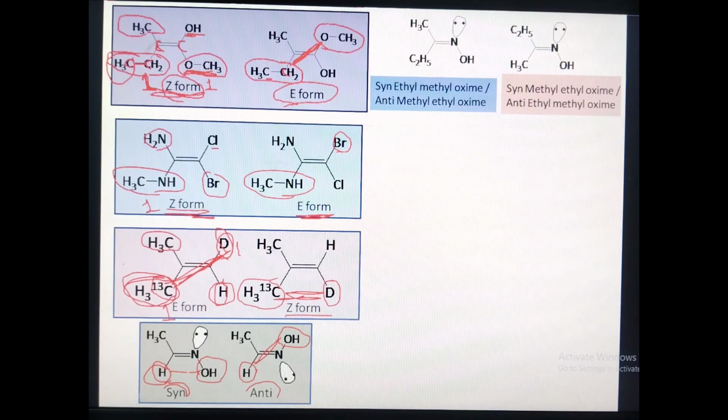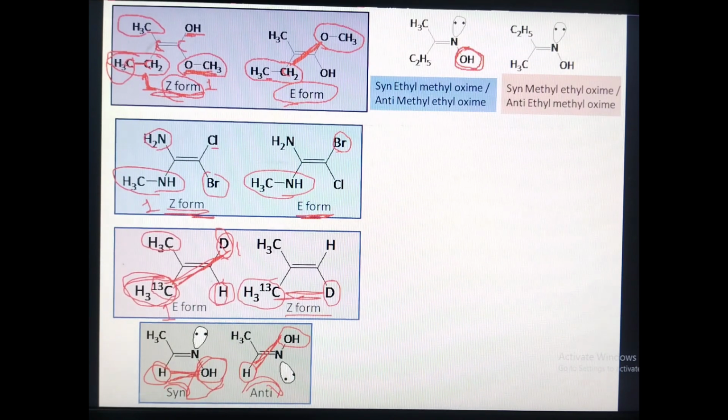When it is oxime, we have to consider the hydrogen of the carbon and the OH of the nitrogen. When OH and hydrogen are on the same side, that will be syn. Hydrogen and OH opposite, then that is anti. Here also same, but here there is no hydrogen. When there is no hydrogen, we have to name this based on OH.